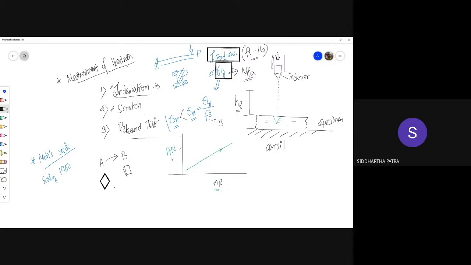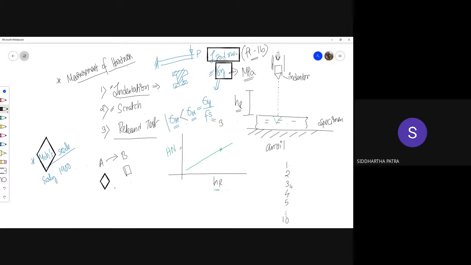Instead of actually evaluating the hardness number, as we would be doing today, in the early 1900s, Mohs was the name of the scientist who prepared that scale with 10 different materials. He ranked 10 different materials according to their hardness, and the basis for that was he would make sharp objects of any two materials in this list and try to make a scratch with one material on the other one.